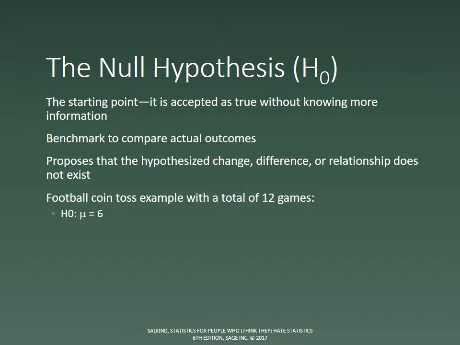This is the benchmark to compare our outcomes to, and it proposes that the hypothesized change, difference, or relationship truly doesn't exist. So in an example of a football coin toss with 12 games, the null hypothesis would be that our mean for the number of times the coin landed heads would be 6.